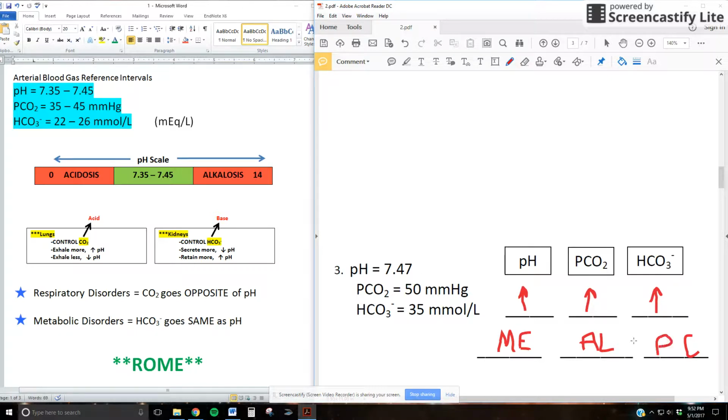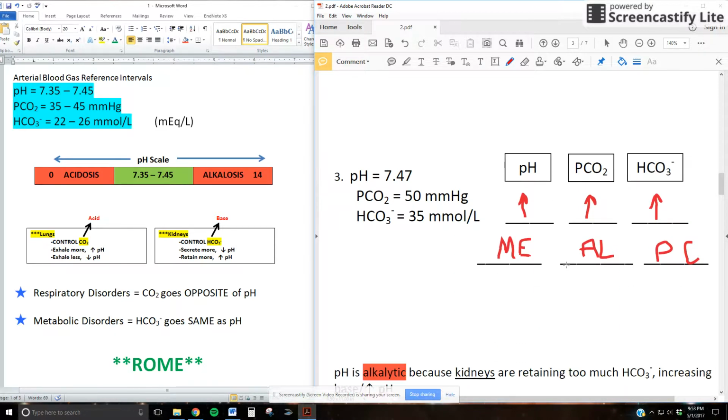I think for most of these problems, we probably won't get any where it's fully compensated. From what I've read, those are kind of complicated, so I think they keep it pretty simple. And you can just realize that's partially compensated because the CO2 is increased, but the pH still isn't back within the reference range.